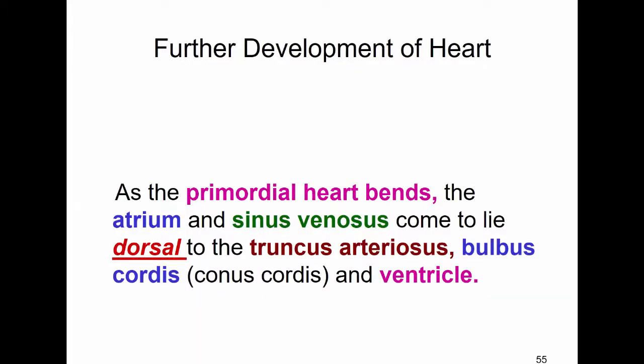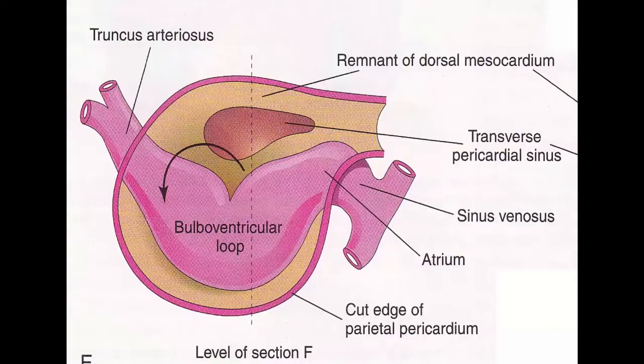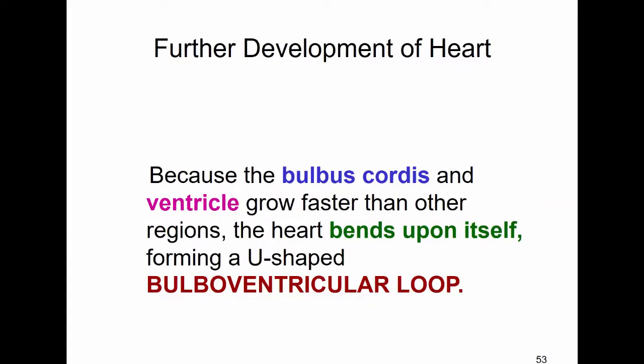As the primordial heart tube bends, the atrium and the sinus venosus come to lie dorsal to the truncus arteriosus, bulbus cordis, and the ventricle. This is the main thing. To remember, the heart tube cannot grow longer, it just keeps growing in this pericardial cavity, that is one point. And second, the heart tube, the bulbus cordis and the ventricle grow faster than other parts.